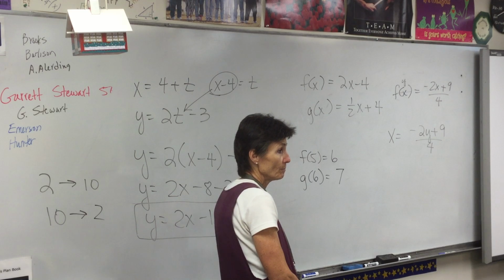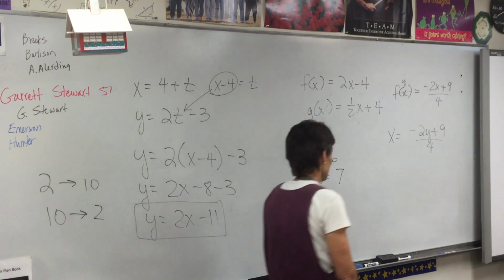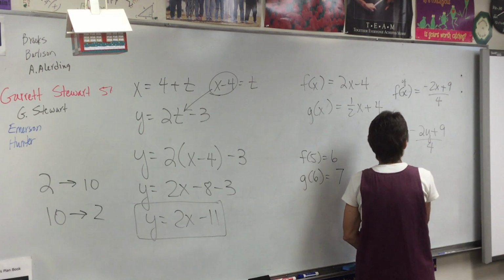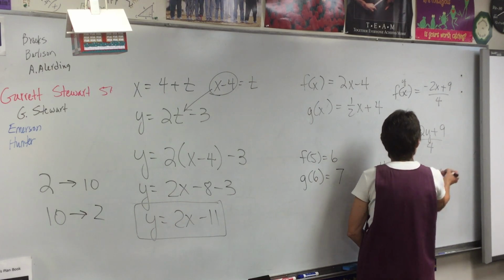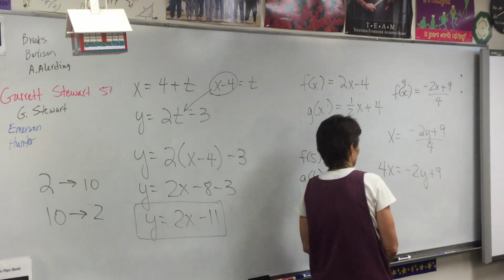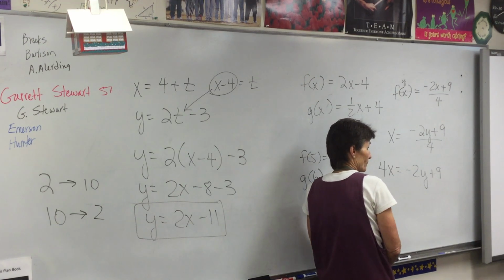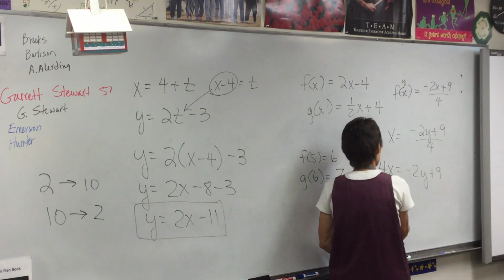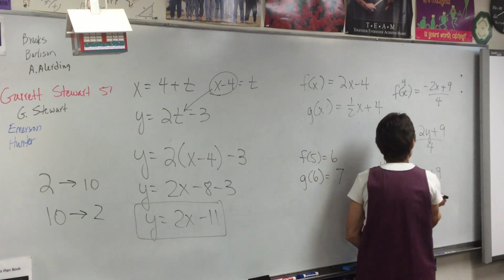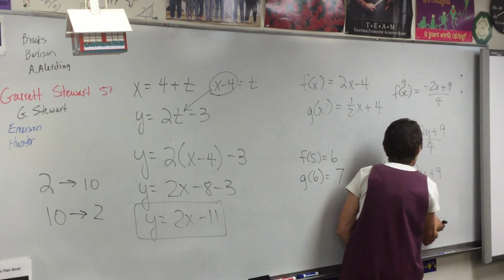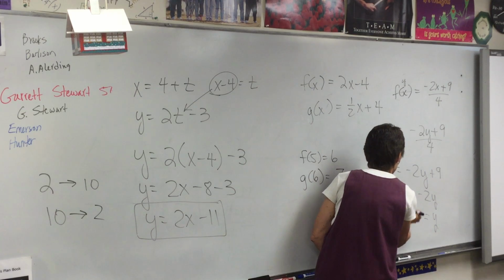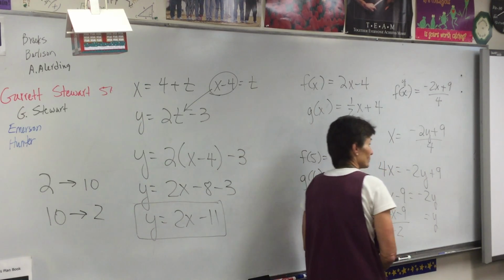And now multiply by 4, so 4x equals negative 2y plus 9. Now what? So we've got to subtract the 9. And then divide by negative 2.